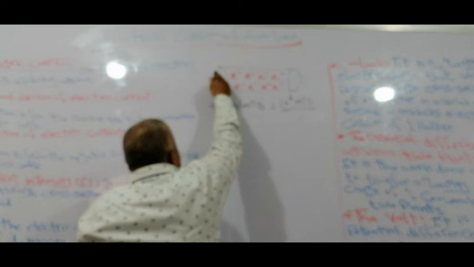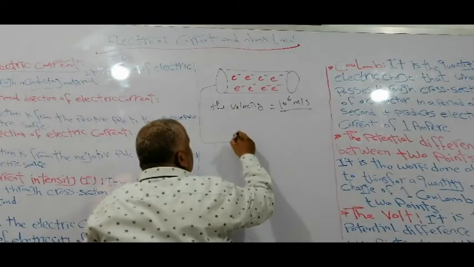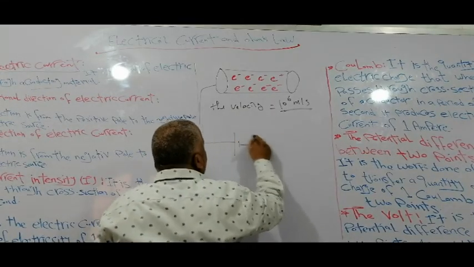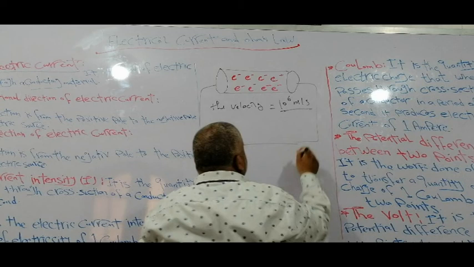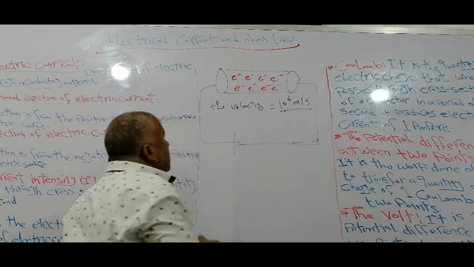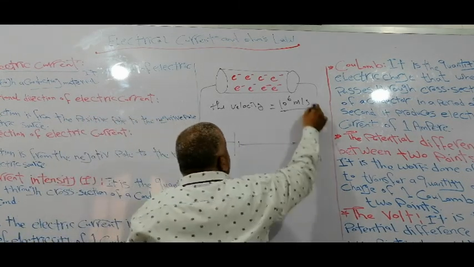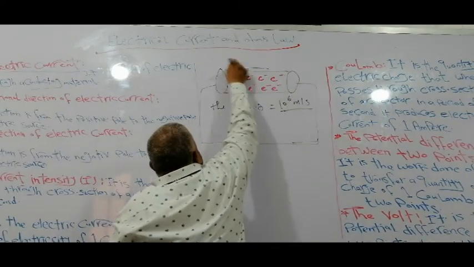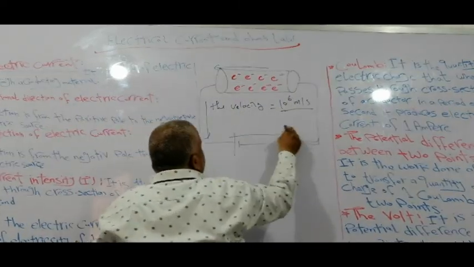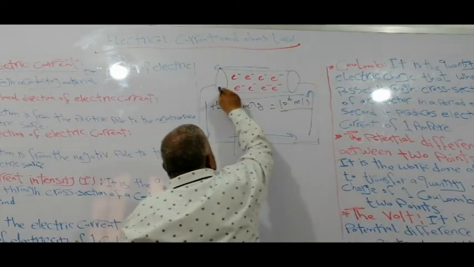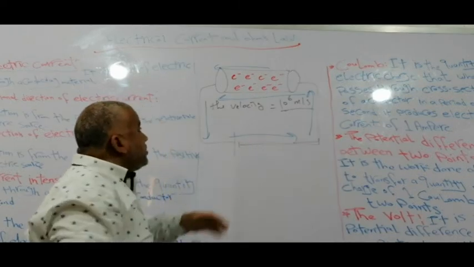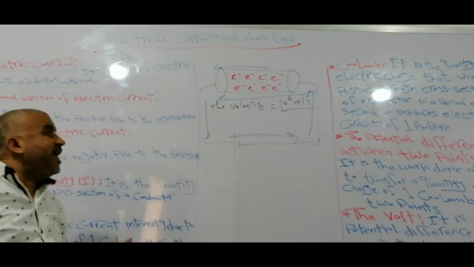If we connect this wire to a battery, the electrons move in this direction. In this case, the charge becomes directional.